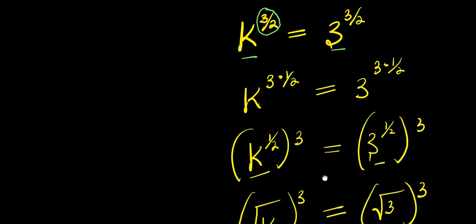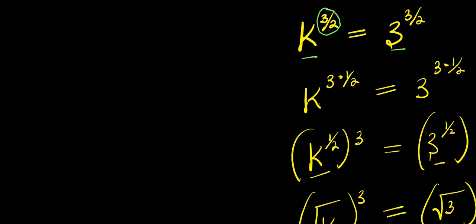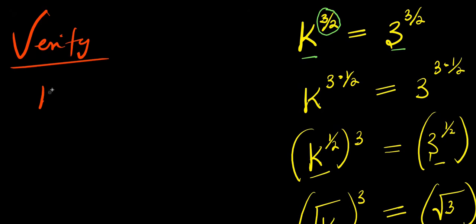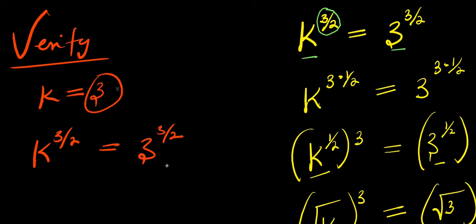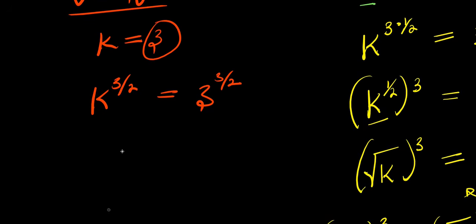So let's verify this. Now k equals 3. k power 3 over 2 equals 3 power 3 over 2, and k equals 3. So let's substitute this for k. That means I'm going to have 3 power 3 over 2 equals 3 power 3 over 2.